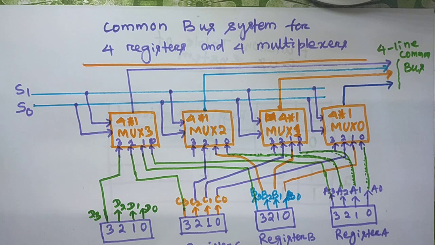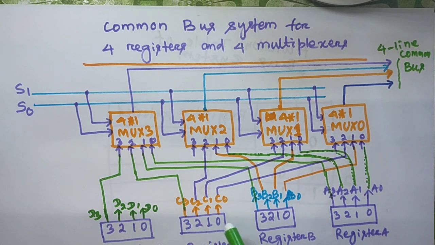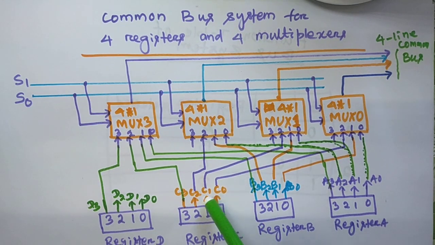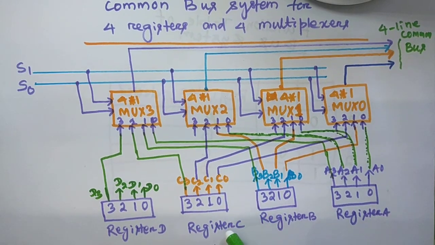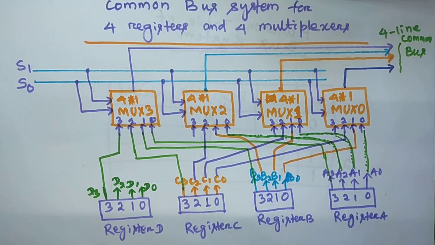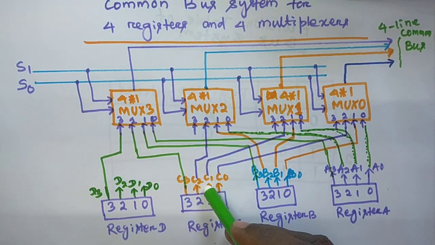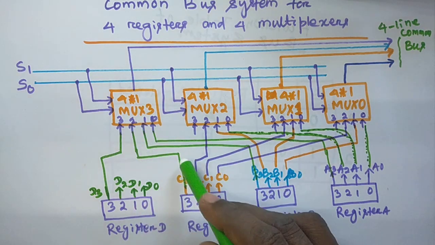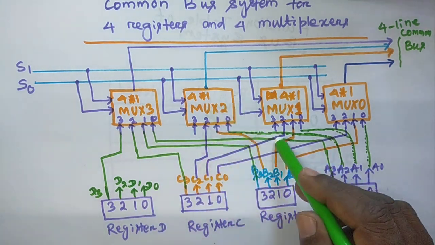Our problem is that we have to transfer data from one register to another register. Which register's data is transferred? The C register. You see the C register mentioned here. The C register output is passed to the individual multiplexers.